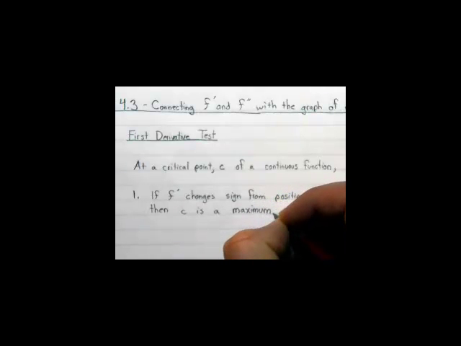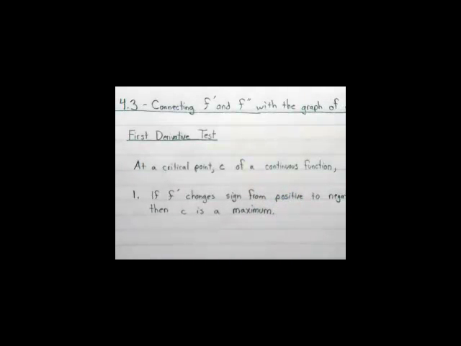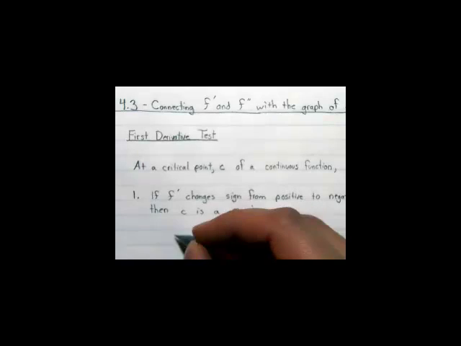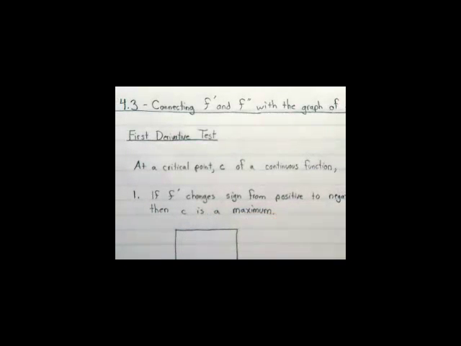Now, if we're talking about a continuous function, there are two different ways this could happen. It might be differentiable at c, or it might not. So it could look like this, and here's c.